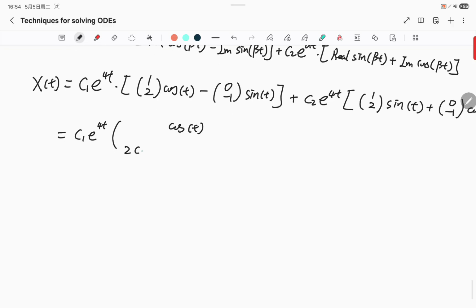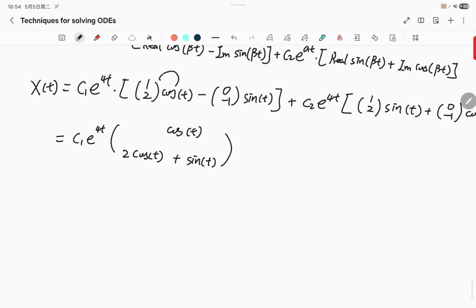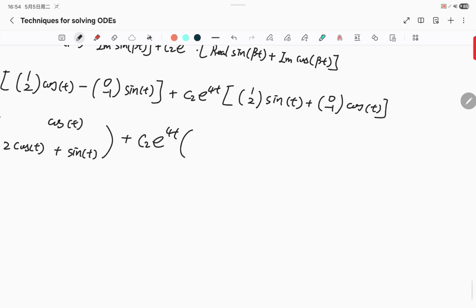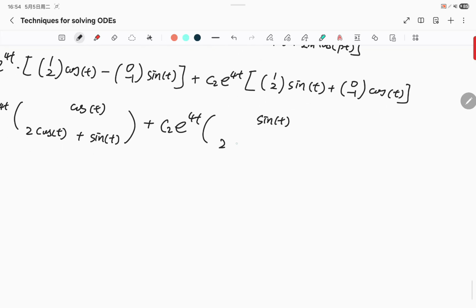Bottom row, we have 2 cos t plus sine t. I'm basically putting cos inside into the first row, the second row. Similarly here, top row I only have sine t, bottom row I have 2 sine t minus cos t.